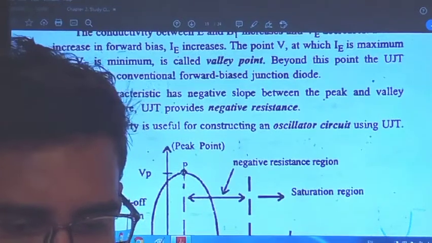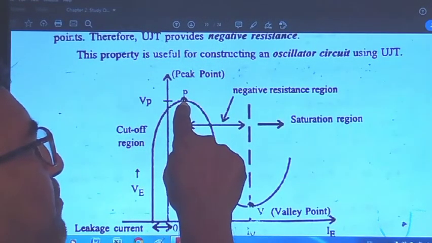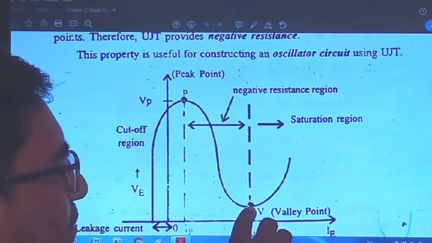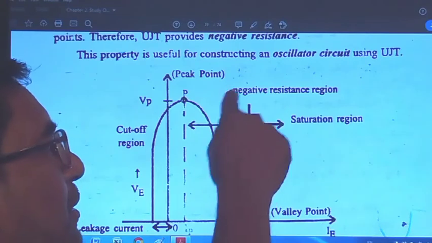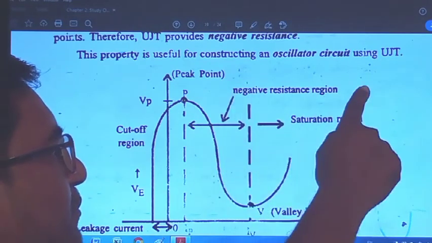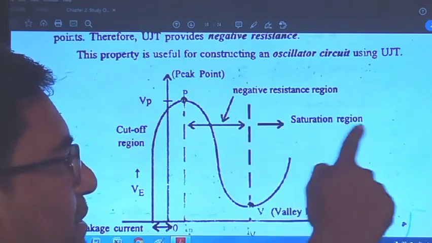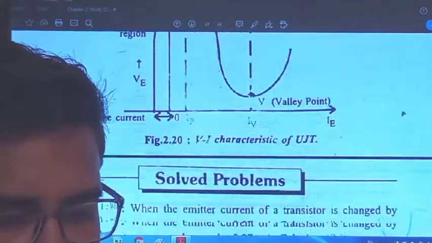The point here is the peak point, and the point just below is the valley point. The line with negative resistance is followed by the saturation region. It gives you the characteristics of the UJT.